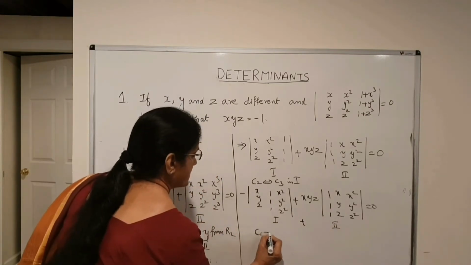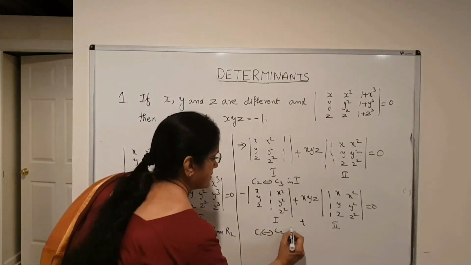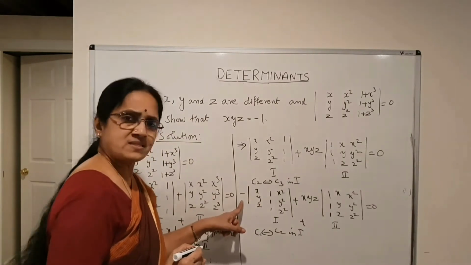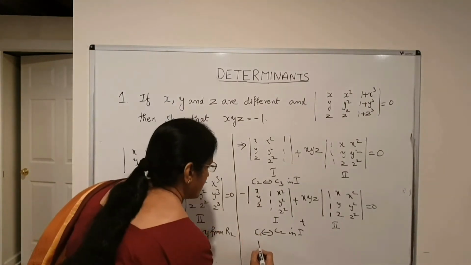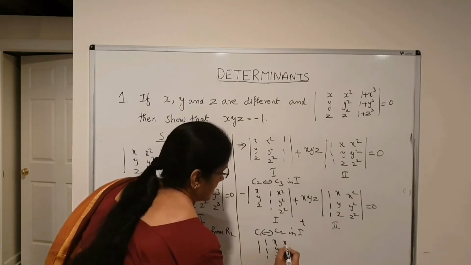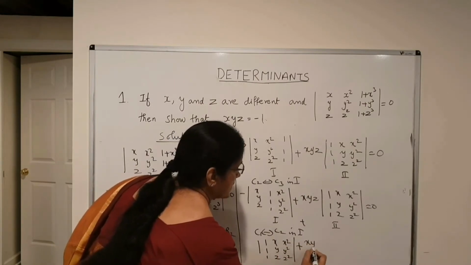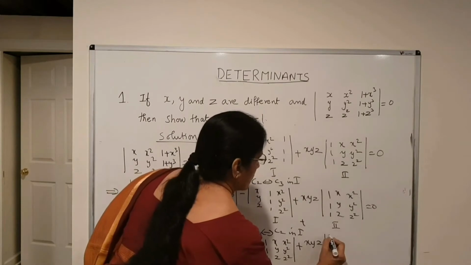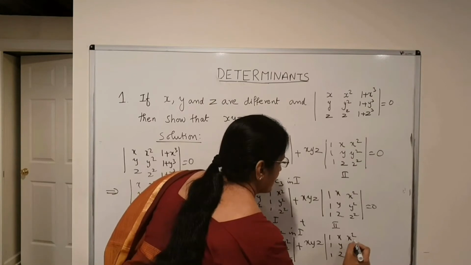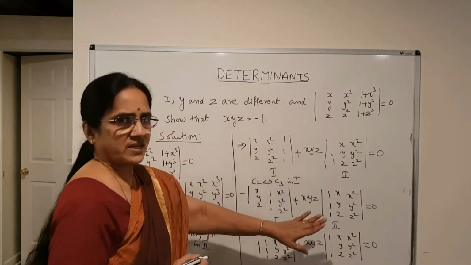Now C1 and C2 I am going to interchange in 1. So one more negative sign. So minus into minus is positive. I will be left with |1, x, x square; 1, y, y square; 1, z, z square| plus xyz into the same determinant equals 0. This is what I am getting.